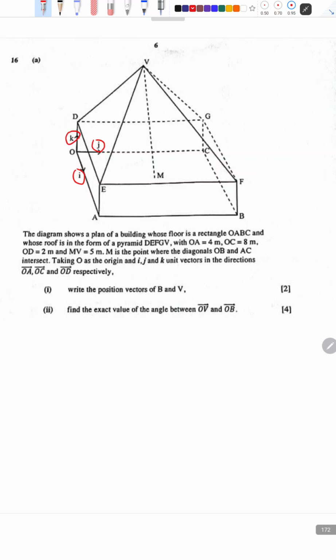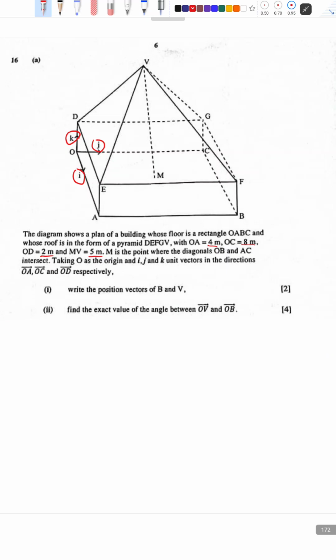But if you read the question, you are given that OA is equal to 4 meters, OC is equal to 8 meters, OD is equal to 2 meters, MV is equal to 5 meters. Those meters denote the magnitude of the vector. So if we combine the magnitude and the direction, we have a complete vector. I hope you are listening, class.